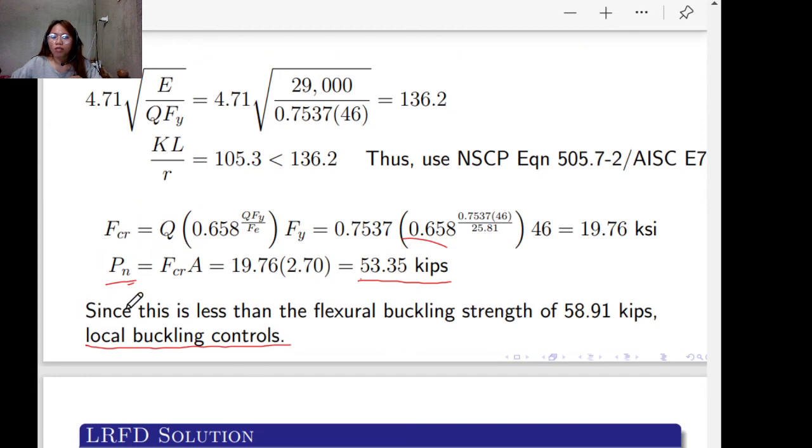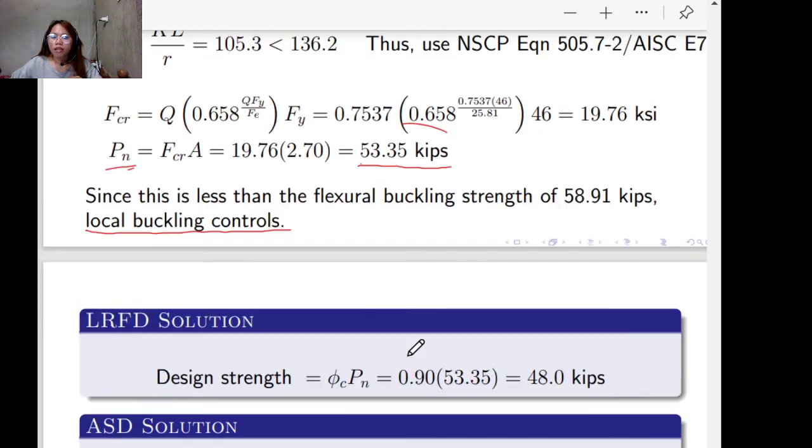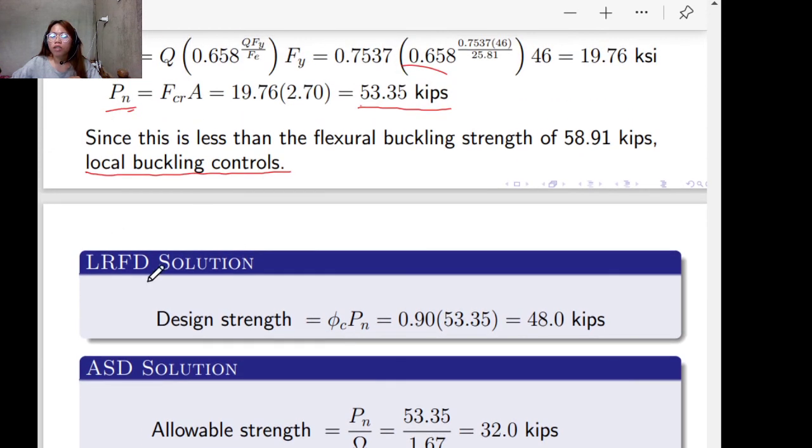So the local buckling controls, no, and to get the design strength or the allowable strength, the design strength for LRFD, you have to multiply with the resistance factor phi sub c or 0.9, since this will control, so 53.35 kips. So the answer, design strength, meaning it should not exceed this for LRFD, and for ASD divide by this factor of safety 1.67.